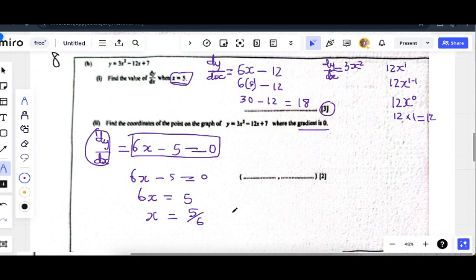Oh, sorry, why are we writing 5? It's 12, right? Sorry, it's negative 12. Here is negative 12. I was writing 5 instead of negative 12. When you differentiate, you get negative 12 here.